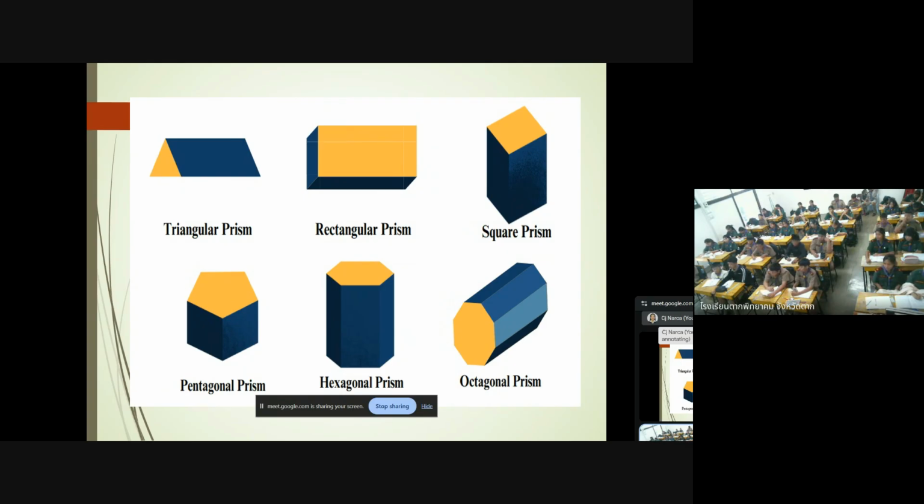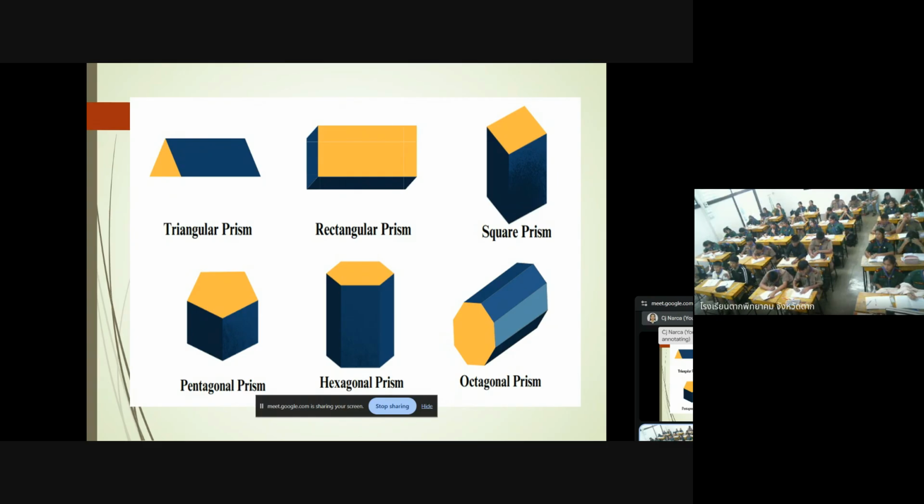So next is pentagonal prism, because the base is pentagon. How many sides in a pentagon? 1, 2, 3, 4, 5. Five sides. Repeat after me. Pentagon. Pentagonal. Next we have hexagonal, because the base is hexagon.